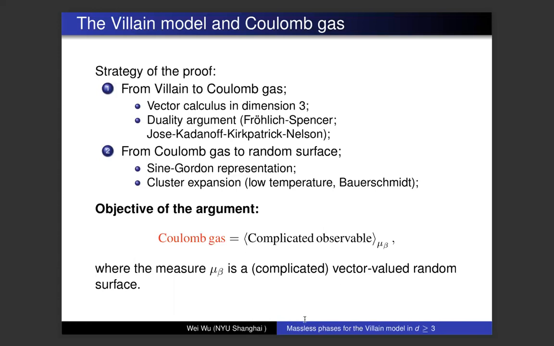The random surface model is better, but the price to pay is that this model, mu beta, is going to be a very complicated Gibbs measure, and the observable we need to estimate is also going to be quite complicated. So for this part I'm going to follow the cluster expansion argument presented by Bauer-Schmidt.